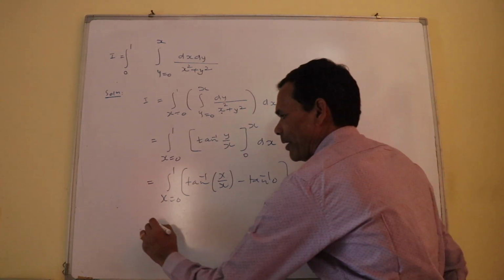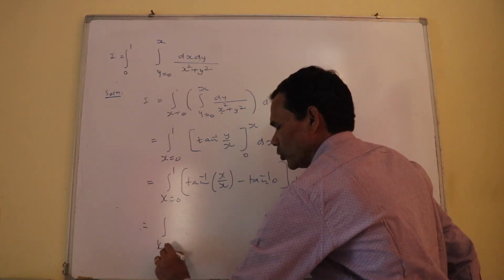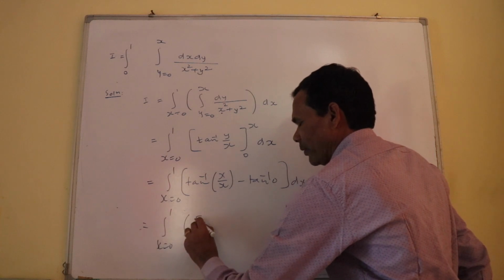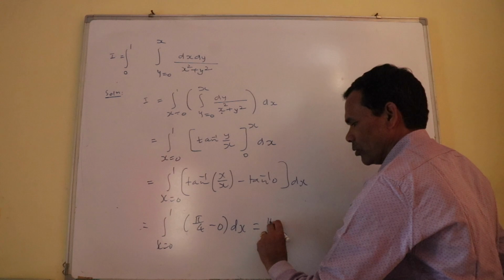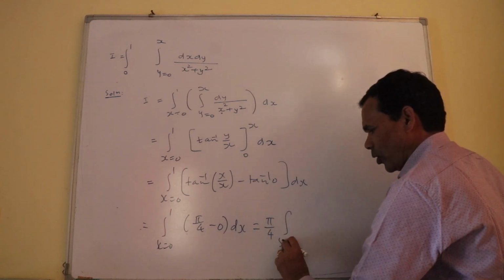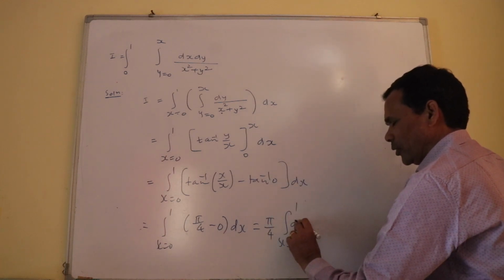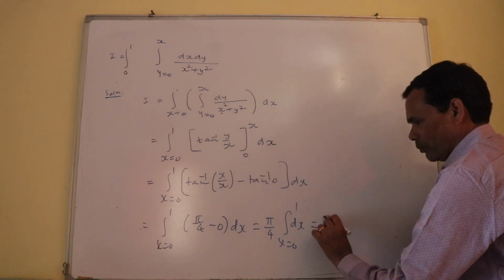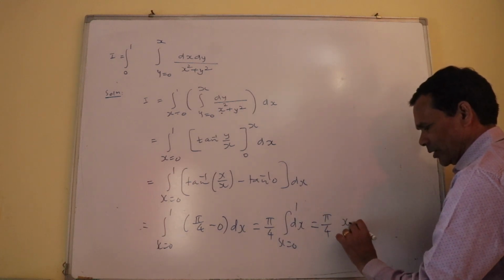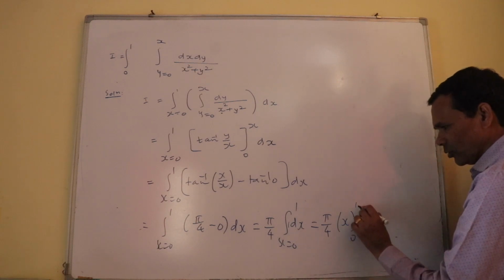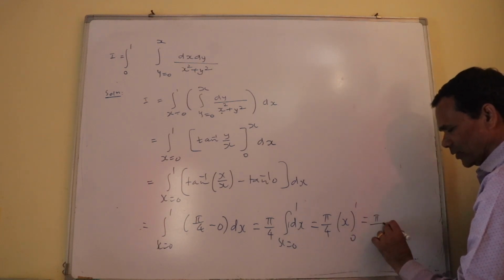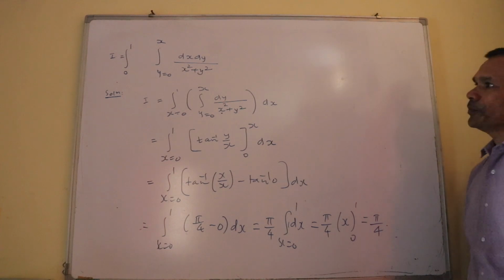So tan inverse 1 is pi by 4, x from 0 to 1. So this is pi by 4, tan inverse 0 is 0, dx. So this is equal to pi by 4, x from 0 to 1 into dx. If you apply the limits, integration of 1 is x, 0 to 1. So the answer is pi by 4.